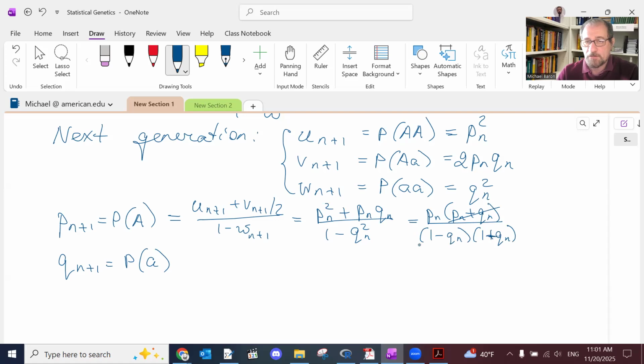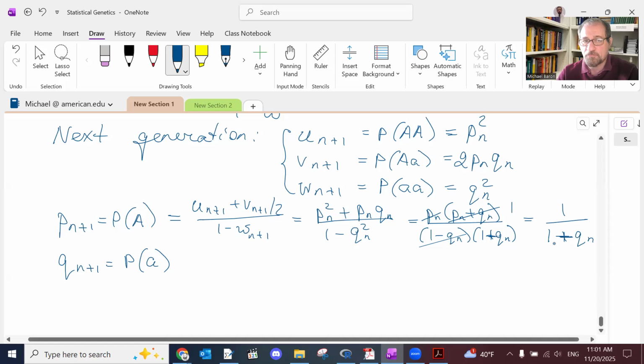Why do we do it? Because 1 minus Qn is the same as Pn. That's the same thing, they're complements of each other. So the whole numerator becomes just 1, and as a result, we have 1 over 1 plus Qn. We simplify it. That's the proportion of dominant genes in the next generation.